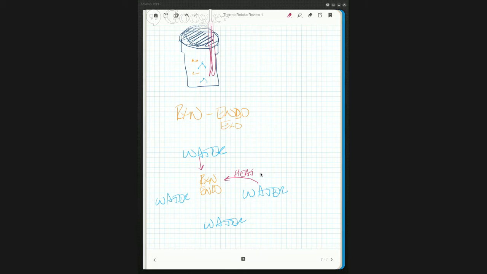And this is heat energy. We're going to call it heat energy, which means that this is Q. We can just label it Q, as a matter of fact. This is the Q. This is where it's going. The heat is going into the reaction.